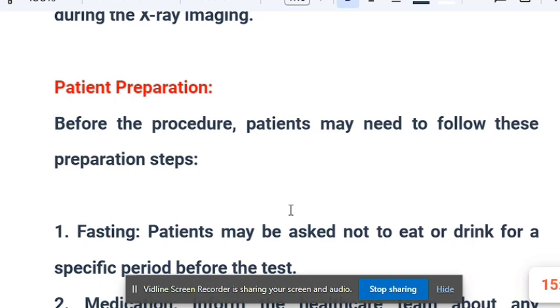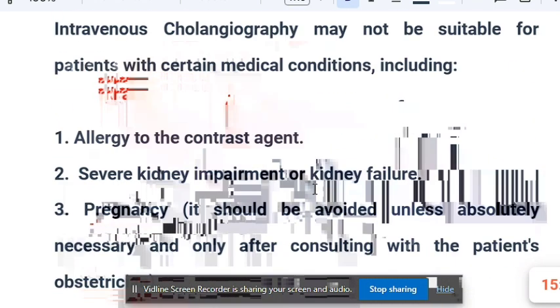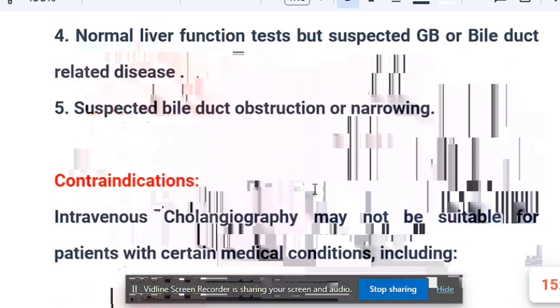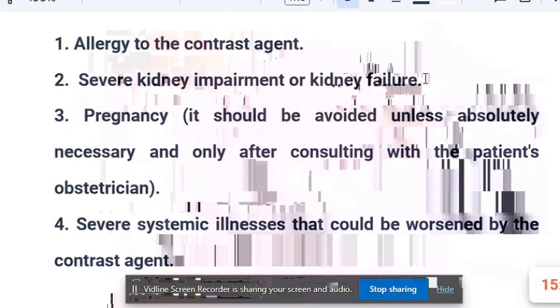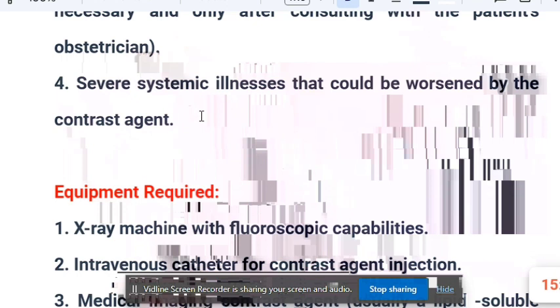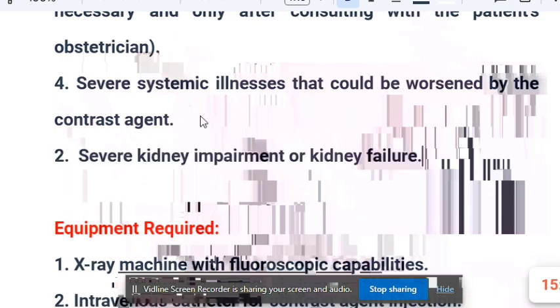Okay, patient preparation. So we have to put one more thing over here in contraindication, number 5.